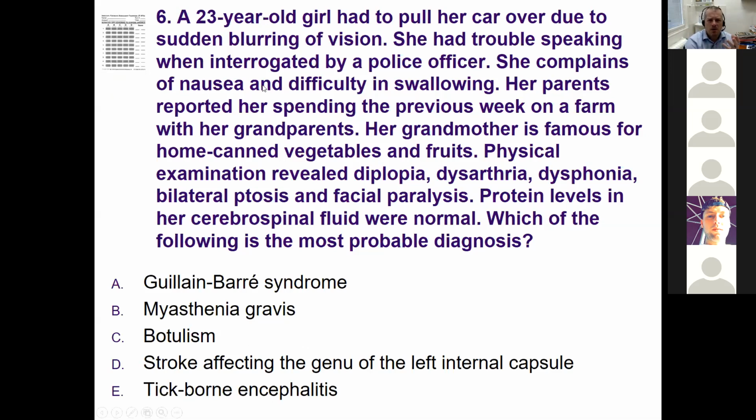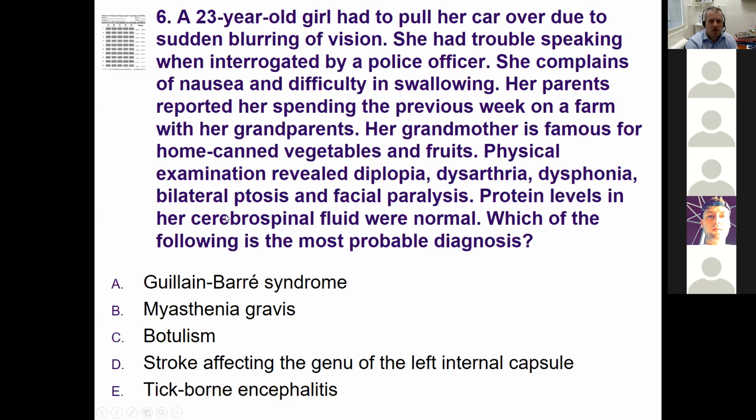And you know that she visited a farm where her grandmother is preparing some home canned food. And really, you find the patient has diplopia, which is this blurred vision, difficult speech articulation, ptosis, this is when the eyelids are falling down, closing your eyes, and paralysis of the facial muscles.